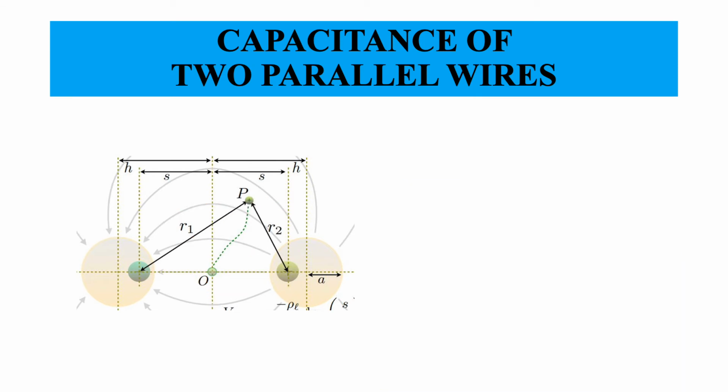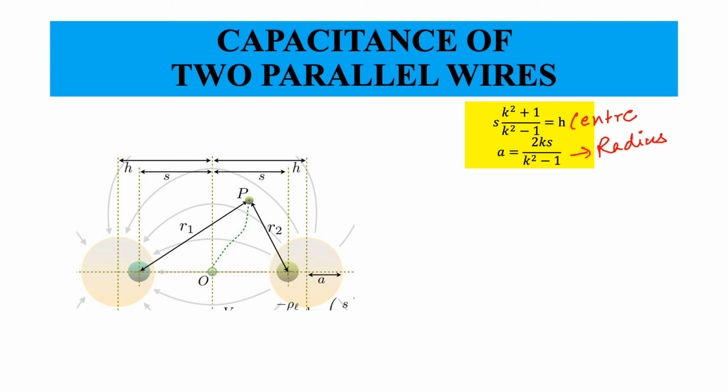So we denote s(k square plus 1) by (k square minus 1) as some h, and that would be the center of the circle. So h is the center of the circle, where a is the radius.